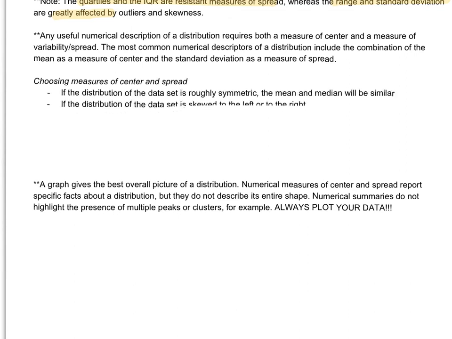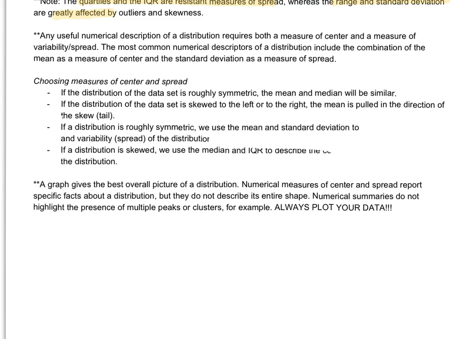So if the distribution of the data set is roughly symmetric, the mean and the median will be similar. If the distribution is skewed to the left or skewed to the right, then the mean is going to get pulled in the direction of the skew. So when our distribution is roughly symmetric, we go with the better measure of center and spread, which would be the mean and the standard deviation.